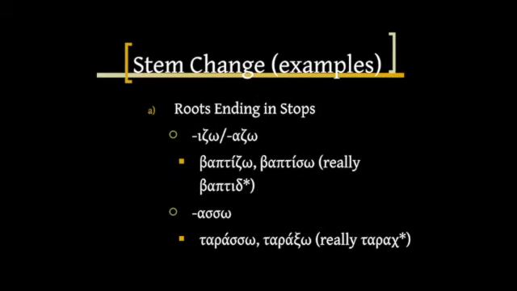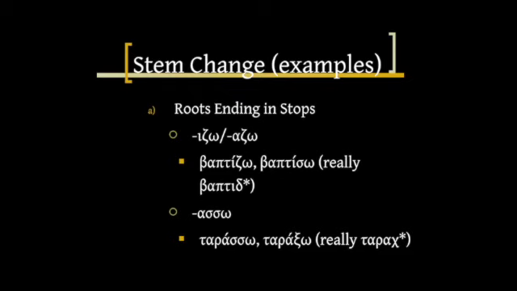We can have some stem changes where the stem shifts, and so some examples might be roots ending in a stop, and so baptizo means I baptize, but our future form is baptiso.